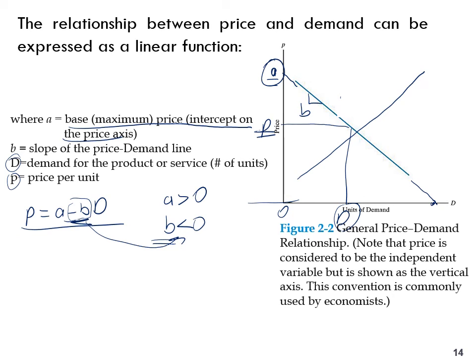So this is not a valid curve, and it means that B cannot be negative. B also should be a positive value.